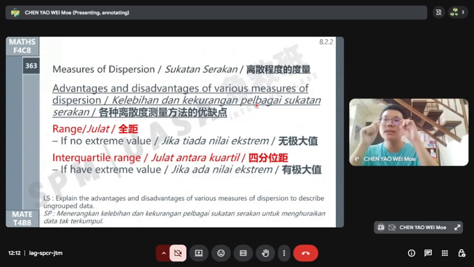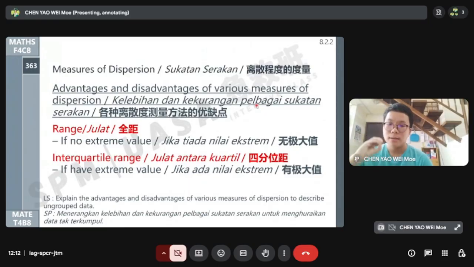We see here the advantages and disadvantages of various measures of dispersion. First thing, use range if there is no extreme value, and interquartile range if there is an extreme value. What happens here? Range is determined by the biggest and smallest values. Interquartile range is determined by position.